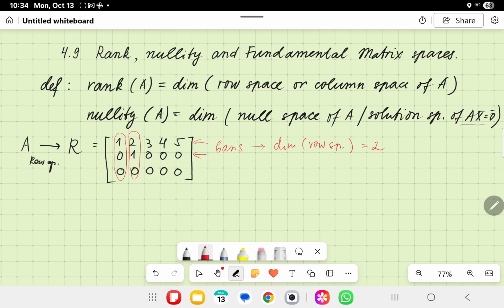Well, we remember from the previous section that row operations do change the column space. The column space is changing, but row operations don't change the fact that some columns are linearly dependent or linearly independent. We see obviously that column number 1 and column number 2 are linearly independent. There is no way you can multiply column number 1 by something and get column number 2, or multiply column number 2 by something and get column number 1.